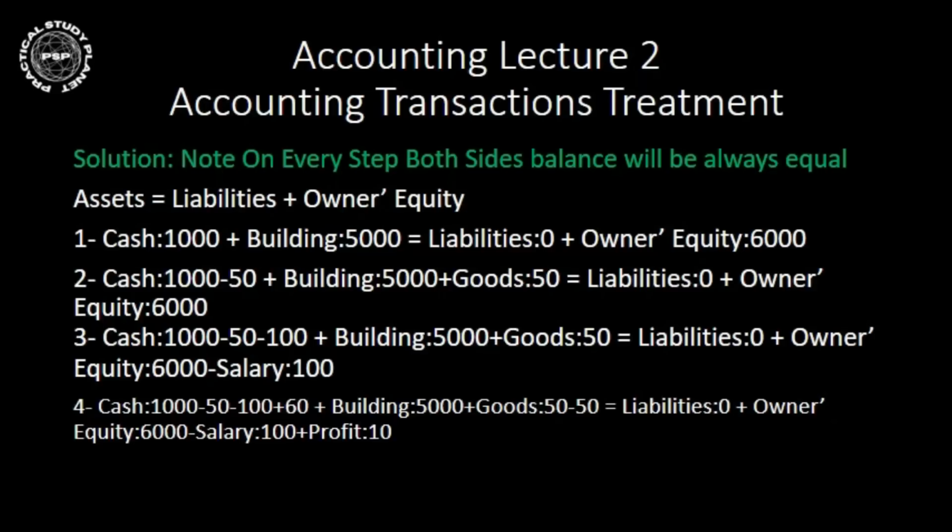Building will be the same, goods will be 50 minus, because all goods costing 50 were sold. There is no external liability, so the owner's equity will now increase with the profit, because the 10 difference is kept as profit, so it is added to the owner's equity.